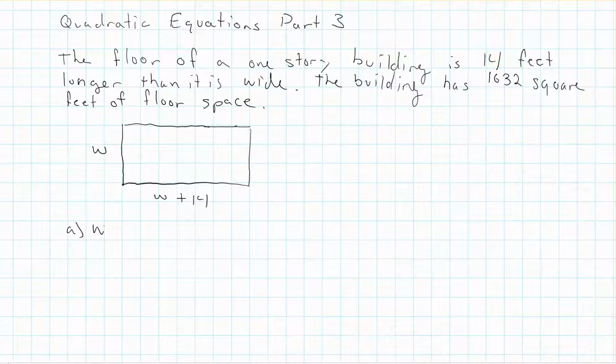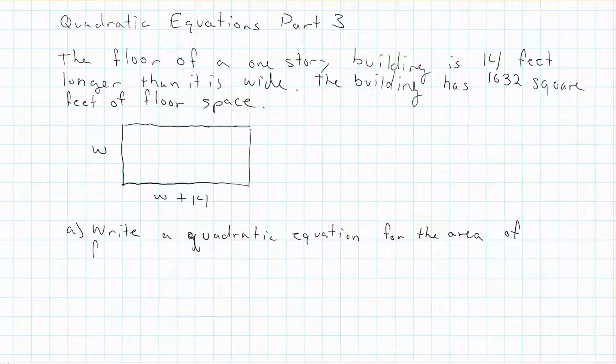So part A, write a quadratic equation for the area of the floor in terms of W. And then part B is find the length of the floor.